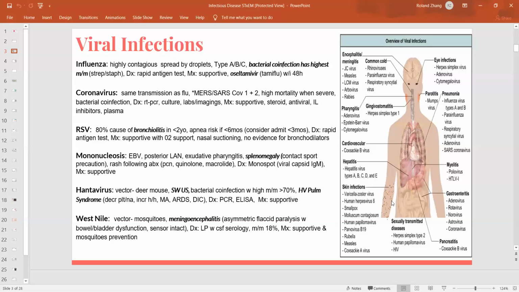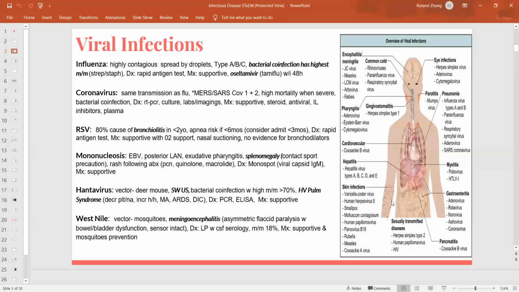If they're 3 months or less, you should really consider admitting them due to apneic episodes. There has been sudden infant death syndrome, SIDS, or what we now call apparent life-threatening event in pediatrics, because of RSV. You do a rapid antigen test, and management, just like any other virus, is supportive.